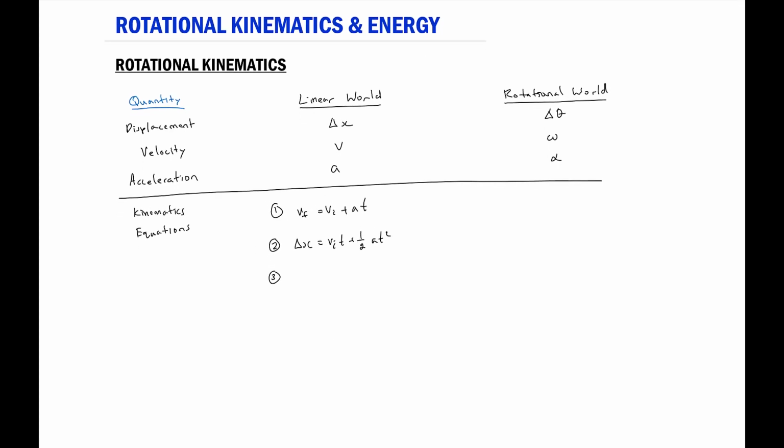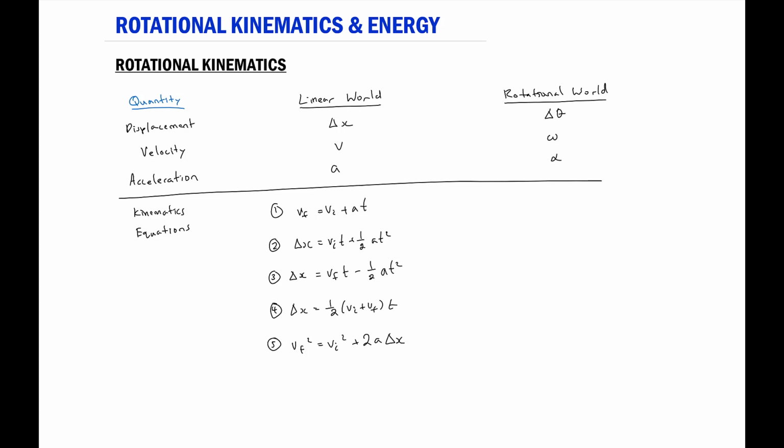Our third one was another version of number 2, which is Vf t minus 1/2 a t squared. We also had delta x being equal to 1/2 of Vi plus Vf times t. And our last one, we have Vf squared equals Vi squared plus 2a delta x.